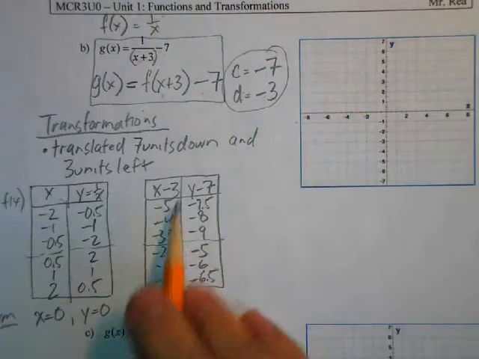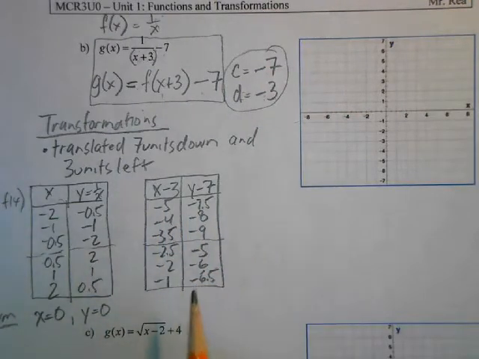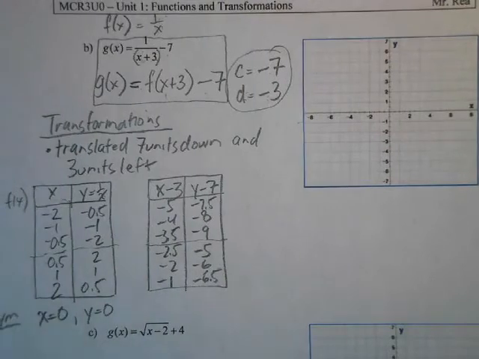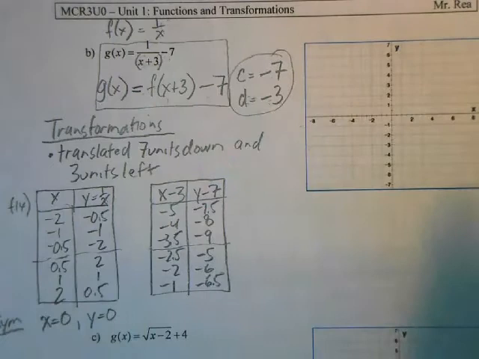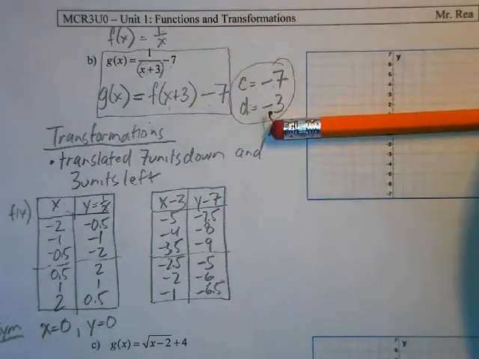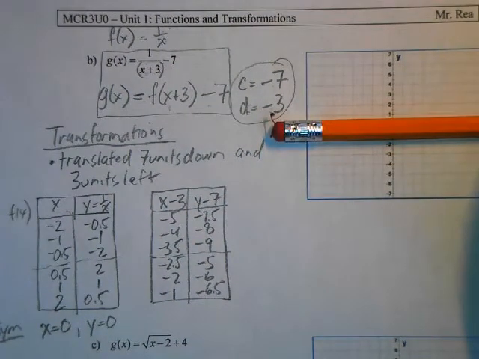Okay, now how do we know what our new asymptotes are? So this is me telling you what it is. The new asymptotes, if you think about it, if I had my x-axis, what's going to affect where that asymptote is?